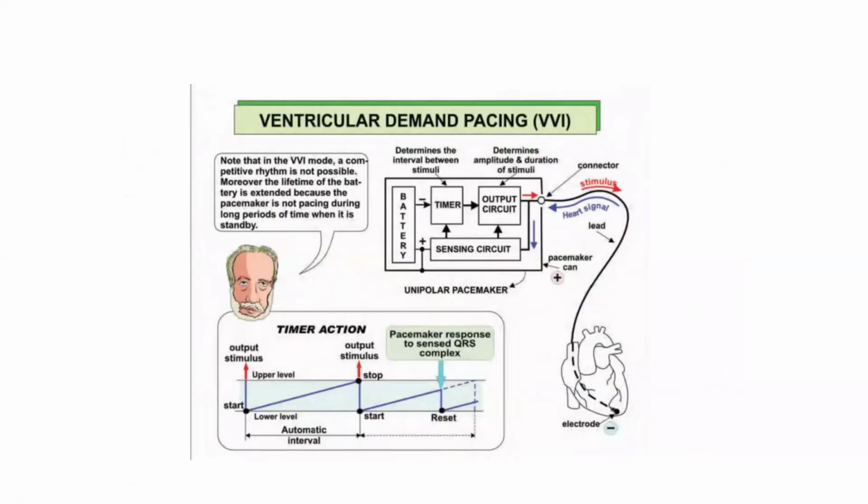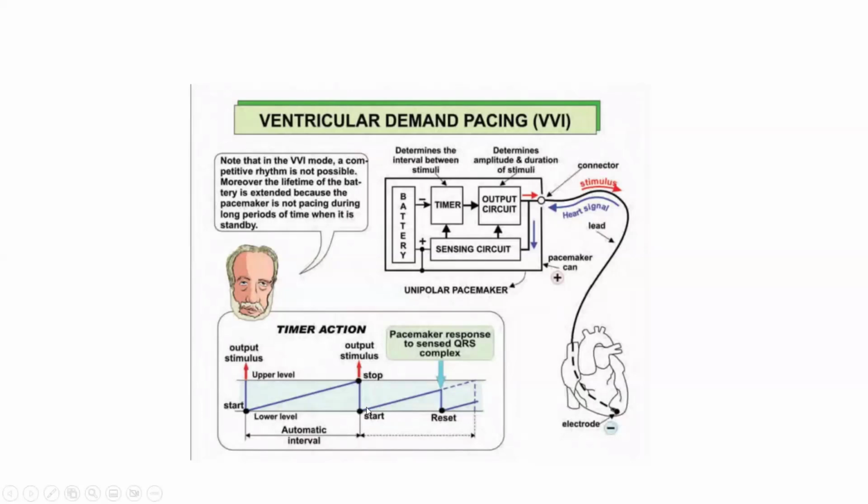What's meant by inhibition? Like here in this lower diagram, the pacemaker fires and it starts counting the same interval like before. If during this interval there is no QRS complex or intrinsic activity, the pacemaker will fire when it reaches the fixed number of milliseconds, like 1000 milliseconds.